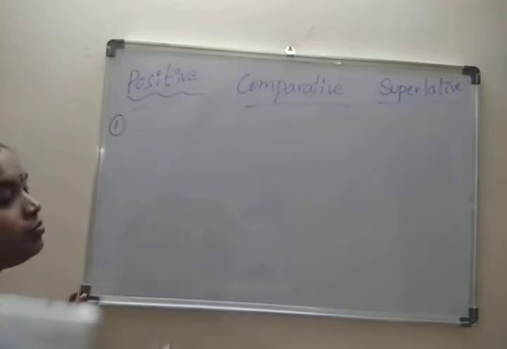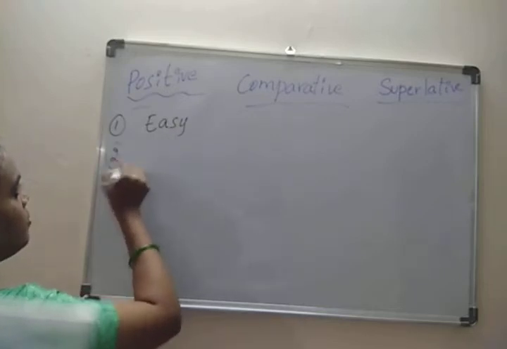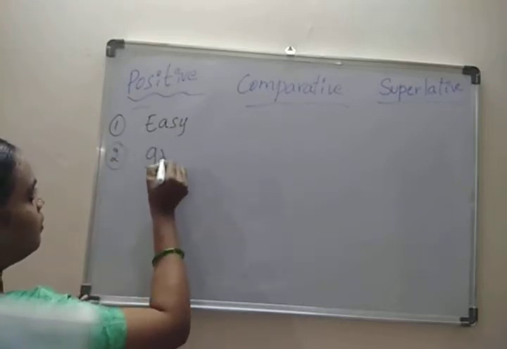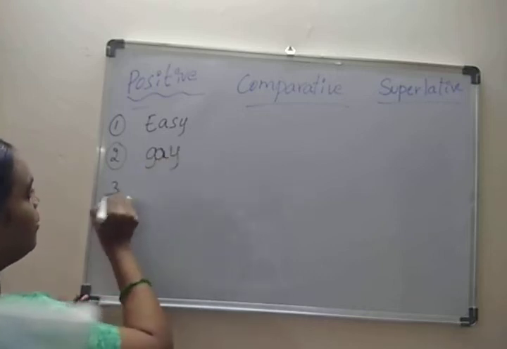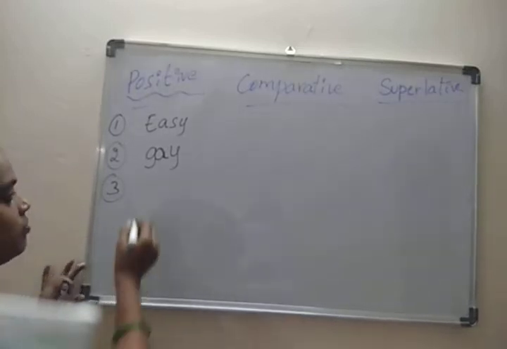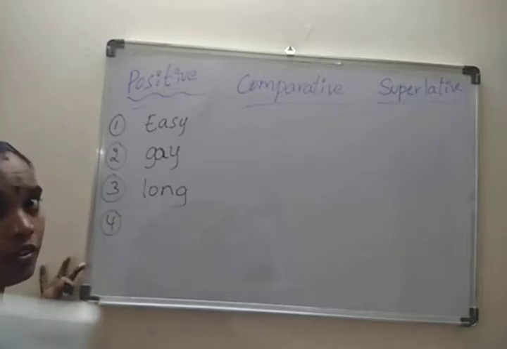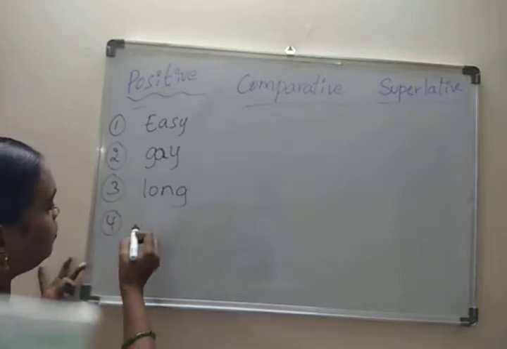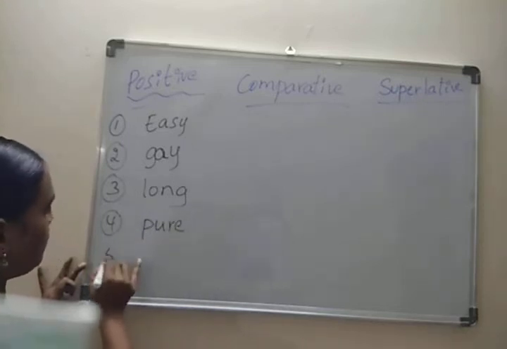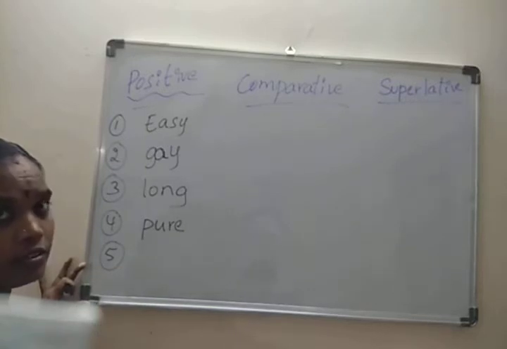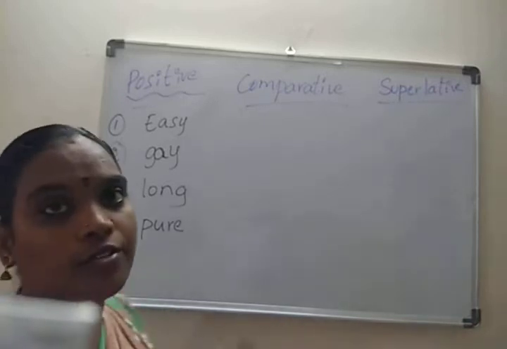First one, easy. Second one, gay. Third one, long. Fourth, pure or wise. You can take anything. And more than that, can you say?